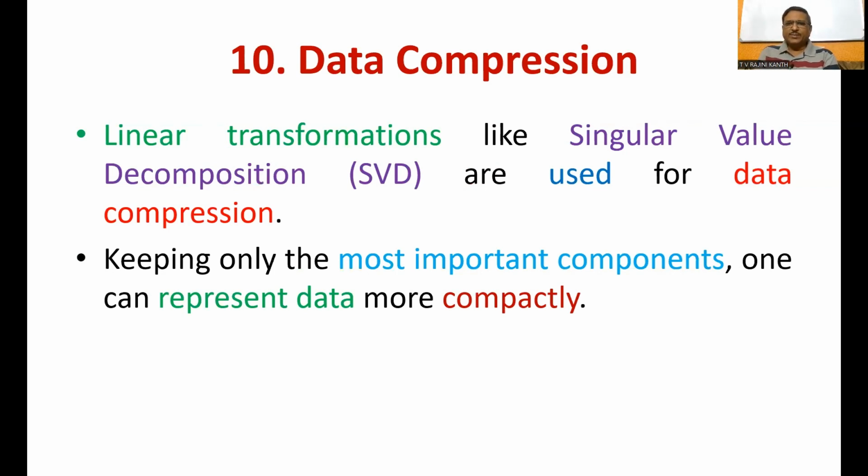By keeping only the most important components, one can represent the data more compactly. Not important components we can remove, so this is a data compression technique. Even though the components were reduced and the data is compressed, we still get the hidden patterns as they are.